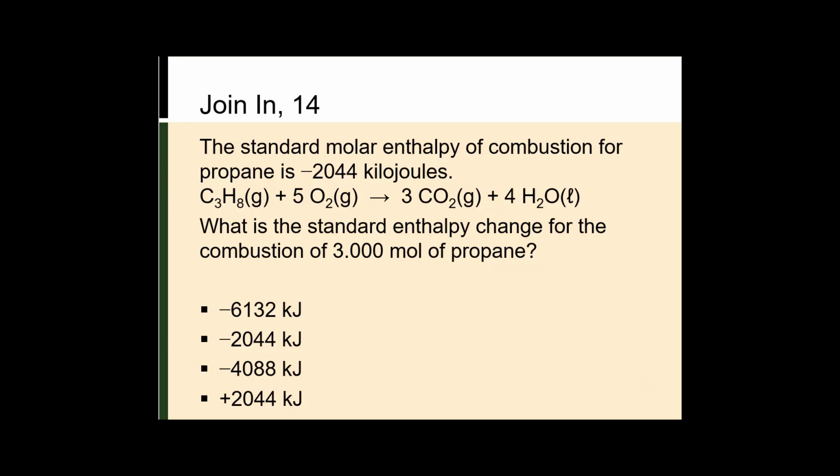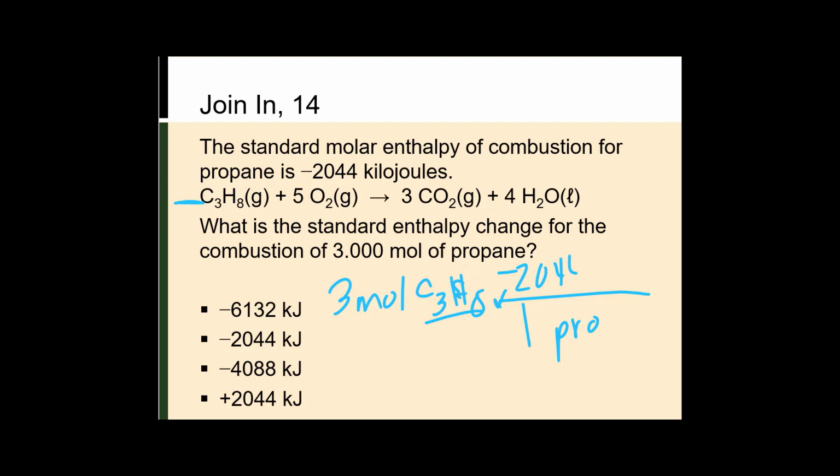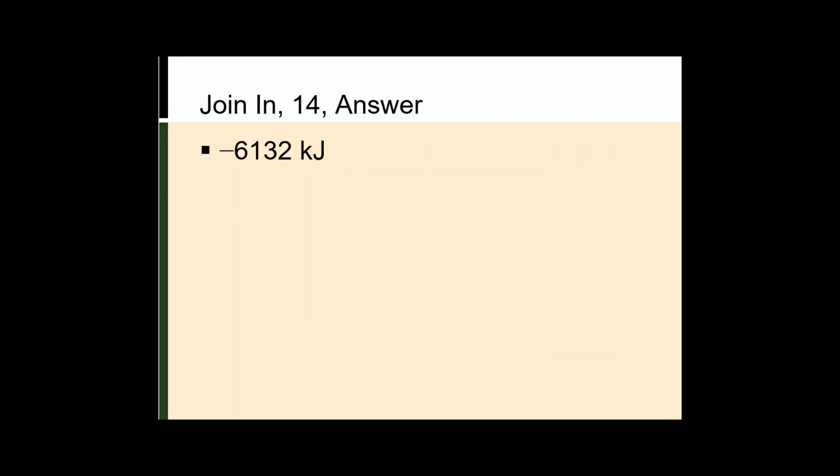Well, hopefully you went from 3 moles of C3H8, we know that for every 1 mole of propane is negative 2044 kilojoules. So I just need to do 2044 times 3, and hopefully you got negative 6132.